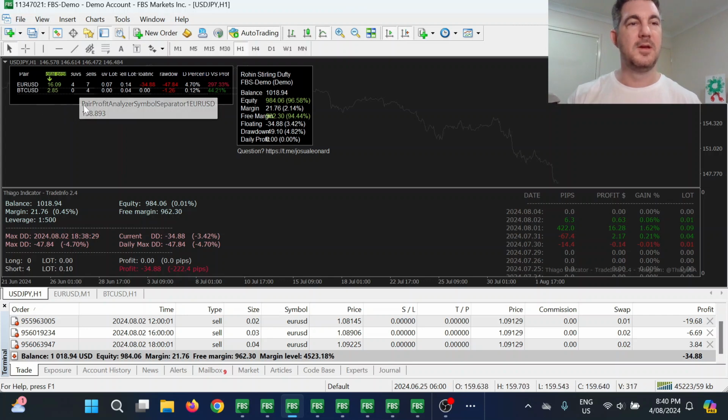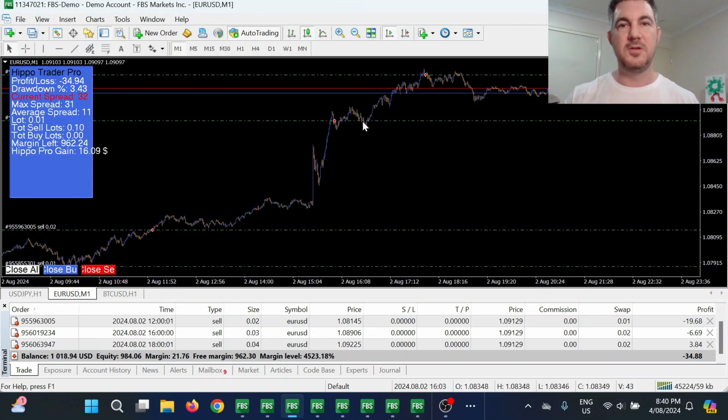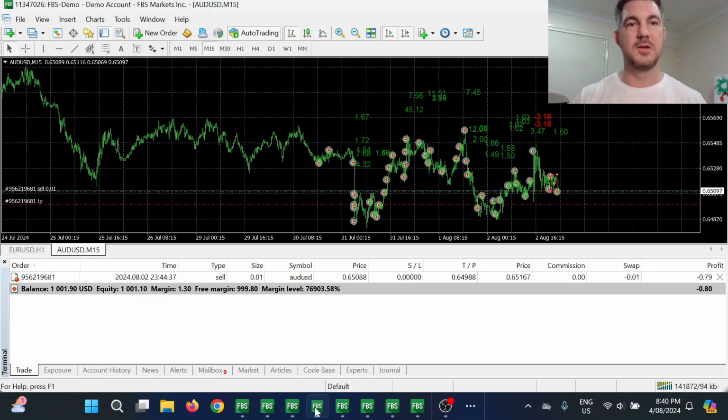So far, Hippo Trader's made $16 and the Bitcoin one's made $2.85. Not bad at all. We've had a max drawdown of $47, and that's pretty good considering what happened to Euro USD during NFP. It just goes to show that Hippo Trader Pro traded NFP extremely well, and I'm looking forward to seeing what it does next week.